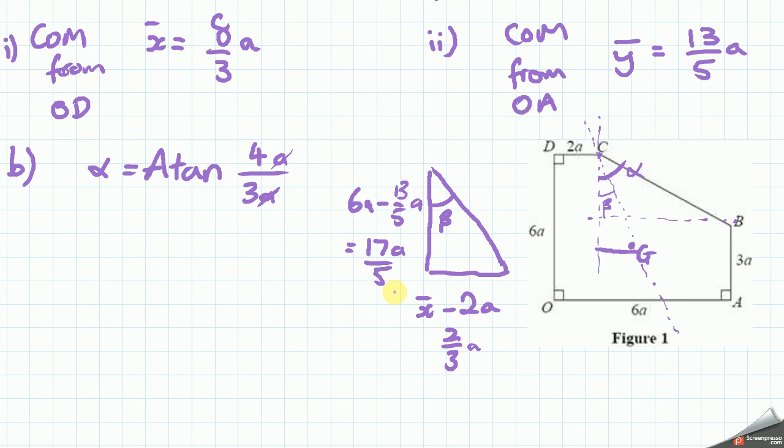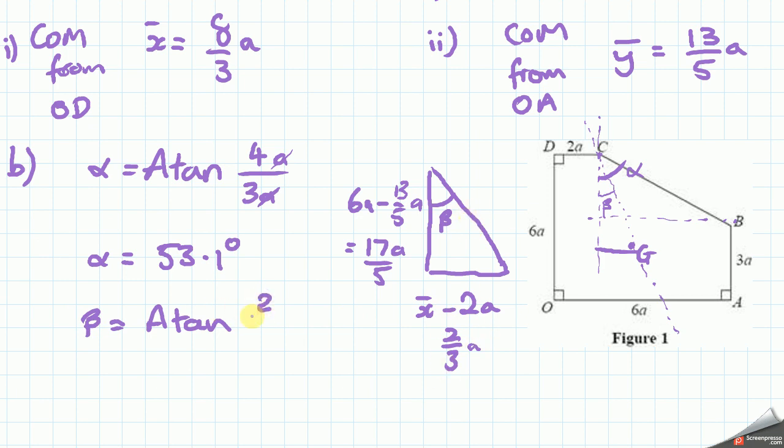So angle alpha is inverse tan 4 over 3. That's 53.1. Make sure you're doing at least one decimal place in the working, because it does say to the nearest degree in the answer. And it actually does say in the question it was to the nearest degree. That angle, again, do the tan.